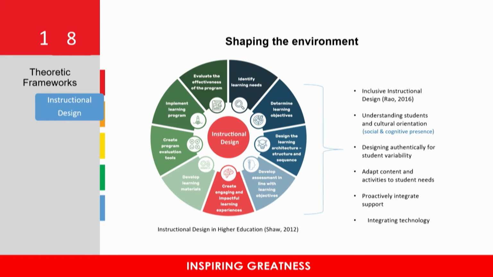But as Rao sort of centers, we need to look at inclusive instructional design, which means understanding students and their cultural orientation, centering the social and cognitive presence, designing authentically for student differences, adapting content to student needs, and integrating support as well as technology.